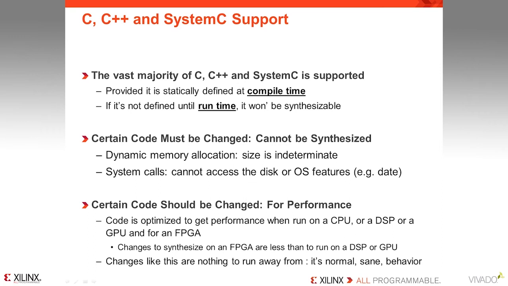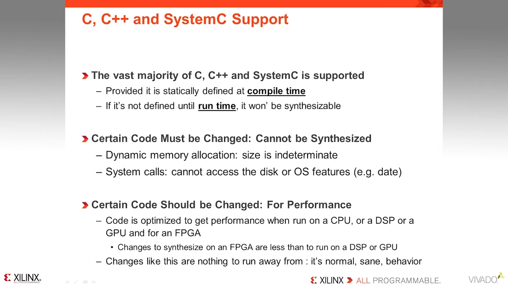That means they will become RTL I/O ports, and from there they can access the rest of the system. So you can actually save things out to memory that's outside. You can actually create ports that can be interrogated or get data from a CPU. You just can't use system calls within the C code to do this, because the operating system won't be there after synthesis. So most things can be synthesized, a few things cannot, okay?